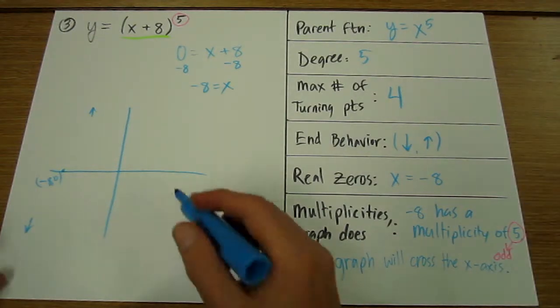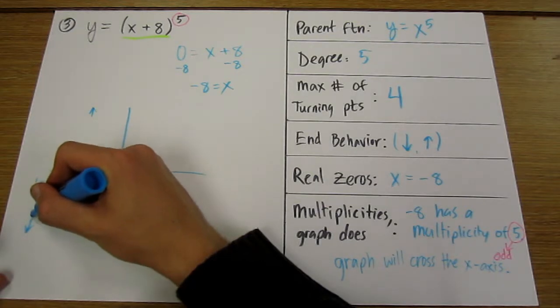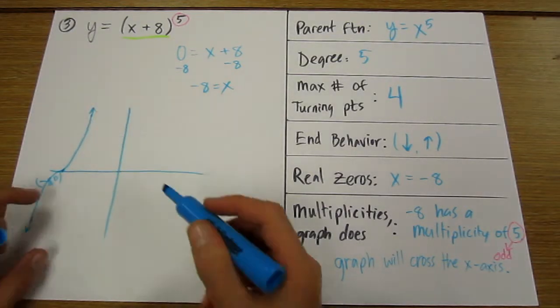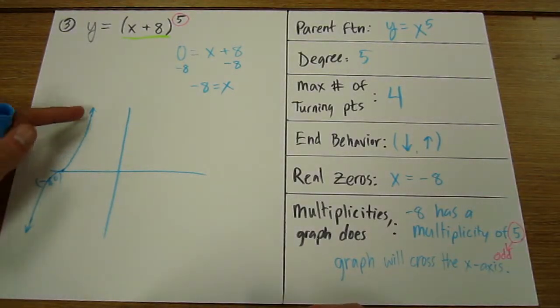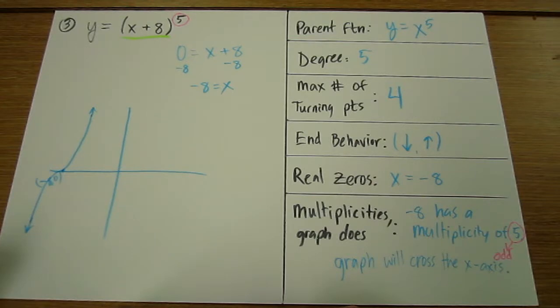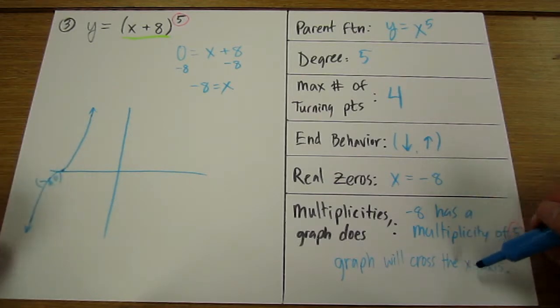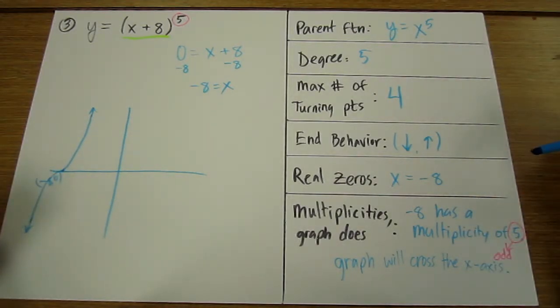We know that x to the 5th looks something like this, and we are crossing through that 0. So we go through that point, negative 8 comma 0, going down on the left and up on the right. So an easy way to know that here at negative 8, we're going to be crossing the x-axis, and it looks generally like that because of our end behaviors. So an easy way to sketch that graph.